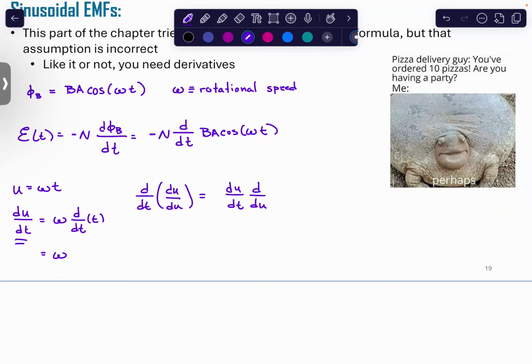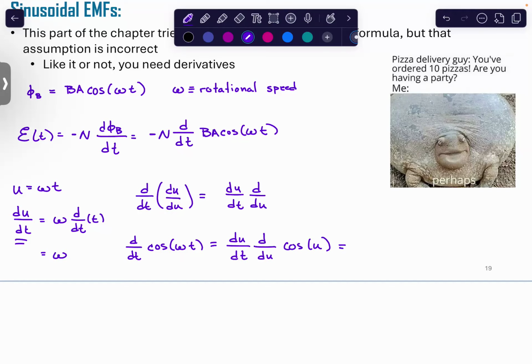So now this is going to be d dt of, and your B and A are constants, so they pull out front of cosine omega t, which is cosine of u. And the derivative of cosine is negative sine. Our du dt is omega.